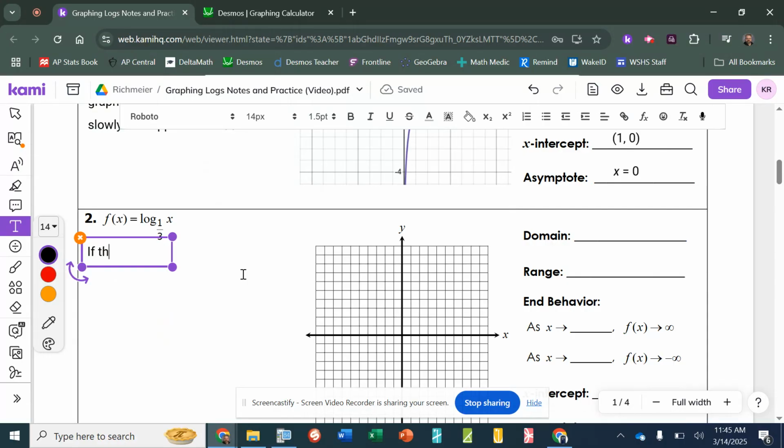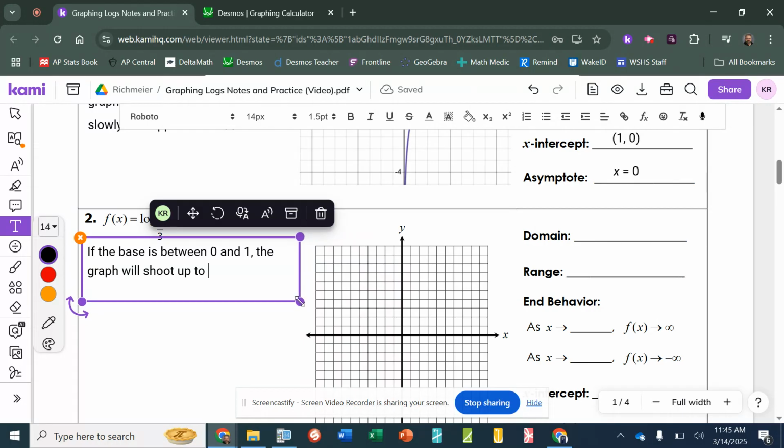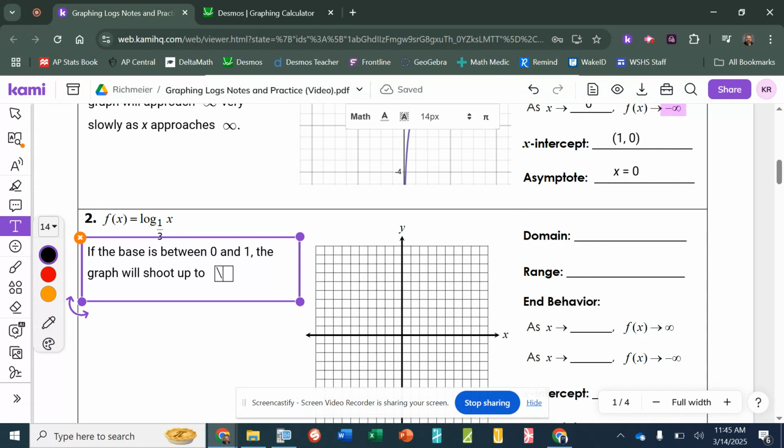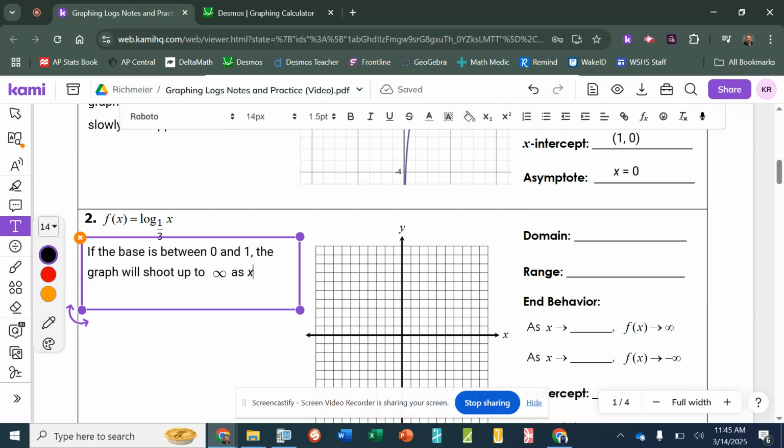And so now we're going to say if the base is between 0 and 1, because that's what this is, 1/3 is between 0 and 1, the graph will shoot up to positive infinity as x approaches 0.